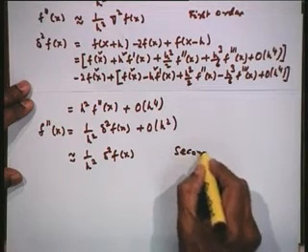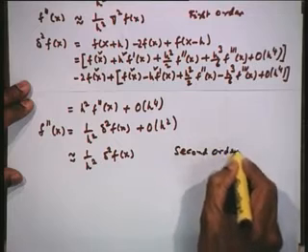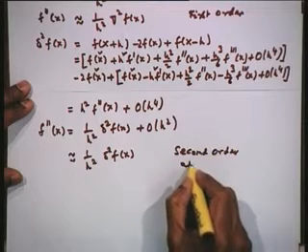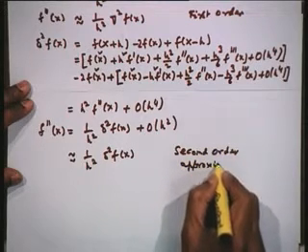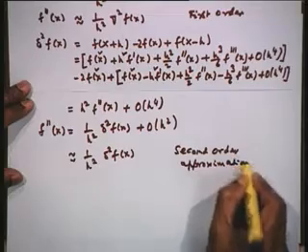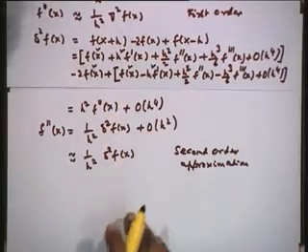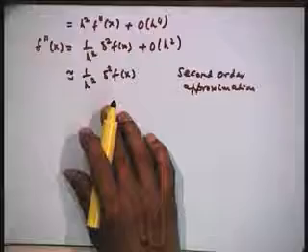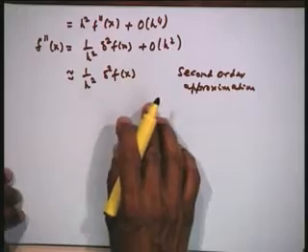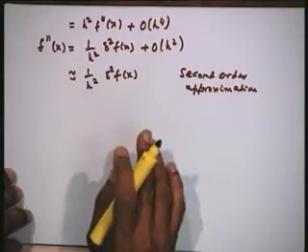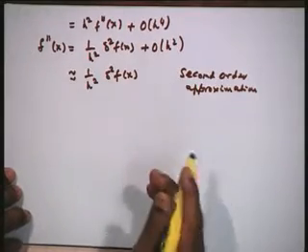Therefore, this is a second order approximation, which is one order higher than what we have obtained for the forward and backward difference. This is a basic property of the central difference operators. The order of approximation will be higher than we use in the forward or the backward differences.